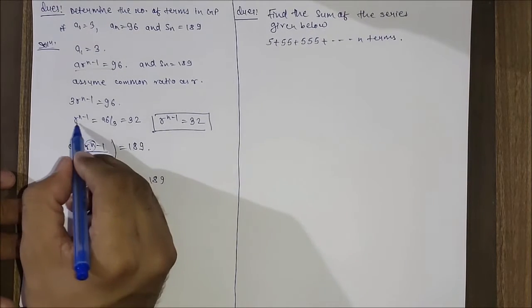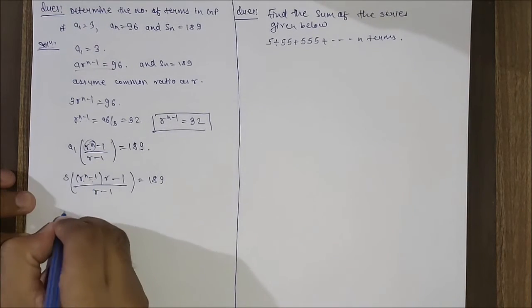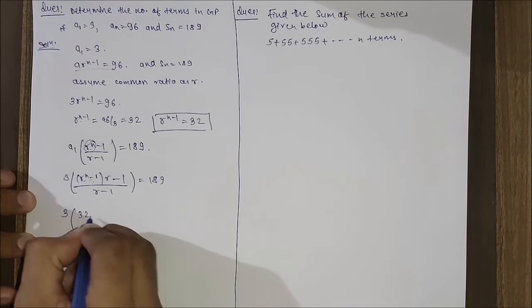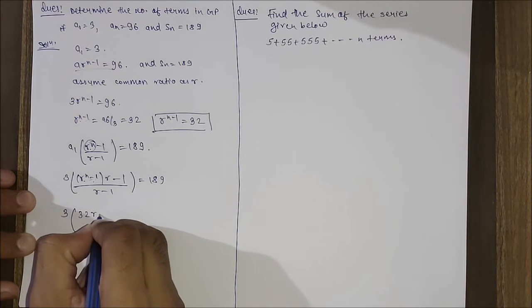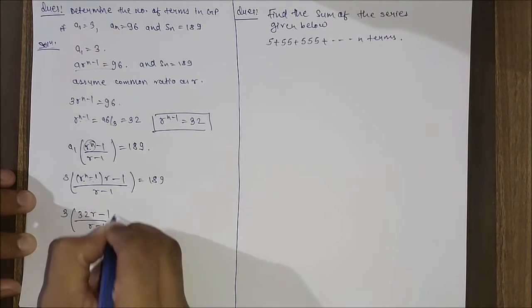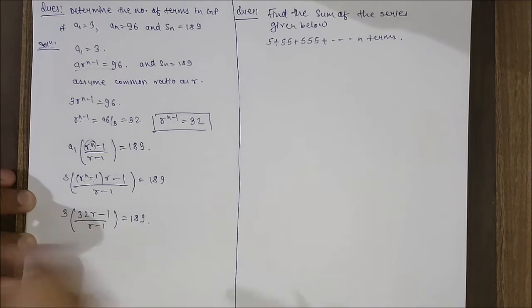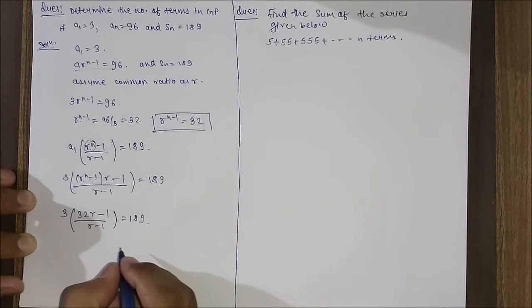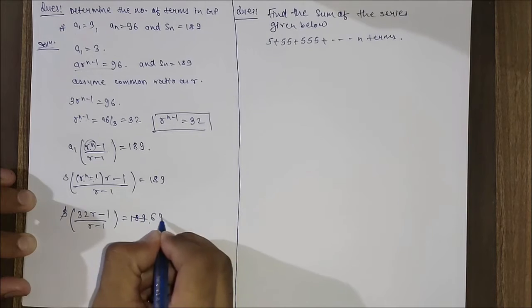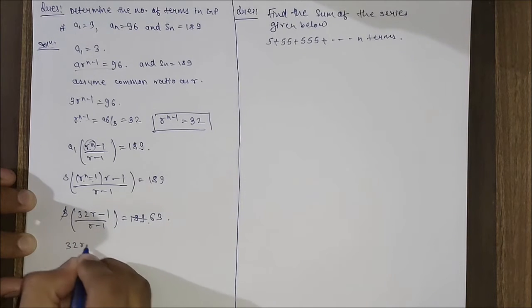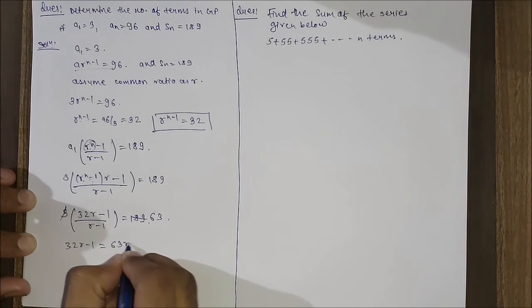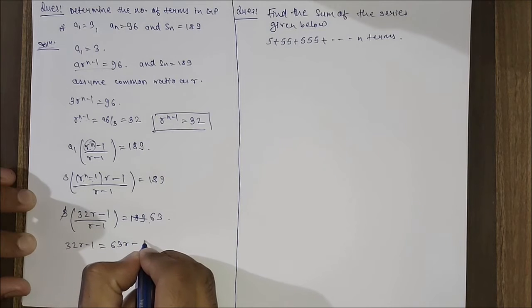Now we know the value of r^(n-1), we can put it here. 3 times 32 r minus 1 upon r minus 1, which is 189. Let's solve this. 189 divided by 3 is 63, so 32 r minus 1 equals 63 r minus 63.